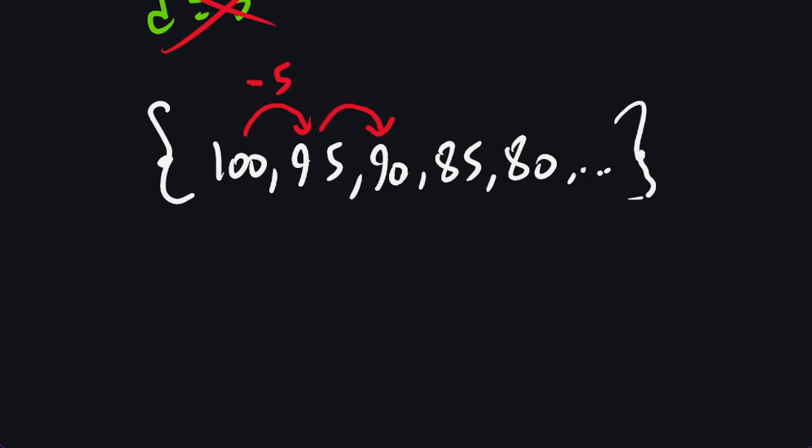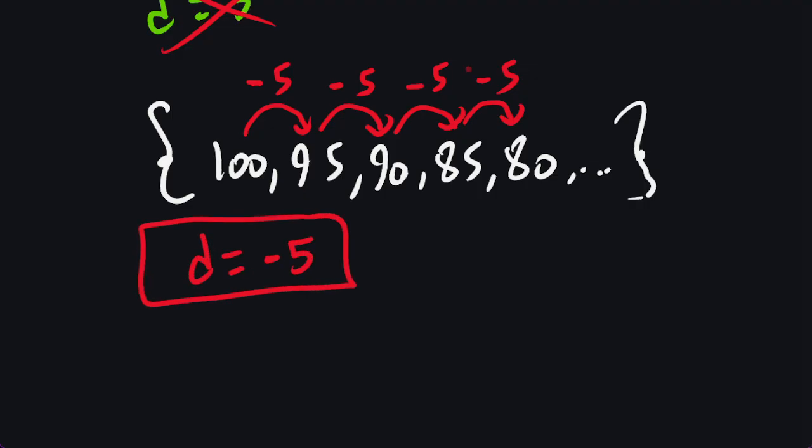From 95 to 90, it's minus 5, so it's going down in this one. 90 to 85 is minus 5. 85 to 80 is minus 5. Okay, so we have a common difference D, which is negative 5. And this is indeed an arithmetic sequence because it has a common difference for every two consecutive terms.